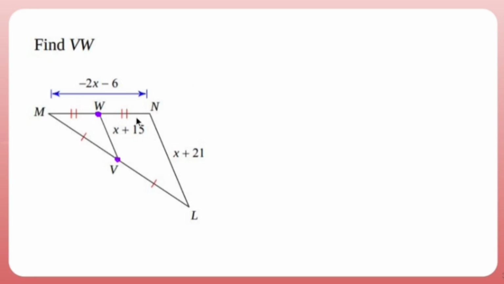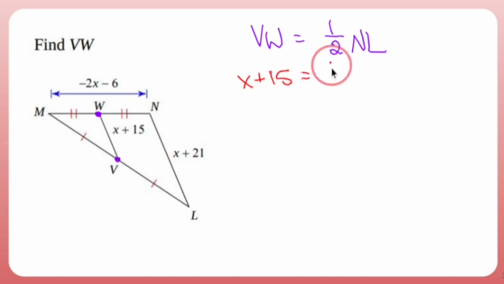By definition, a midsegment is half of the base of a triangle. So VW is half of NL. So VW was x plus 15. That's going to equal 1/2 of NL, which is x plus 21.